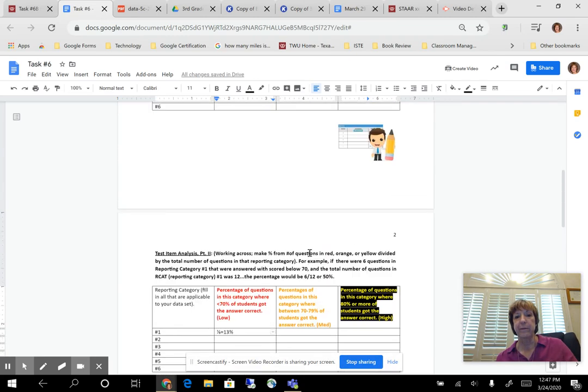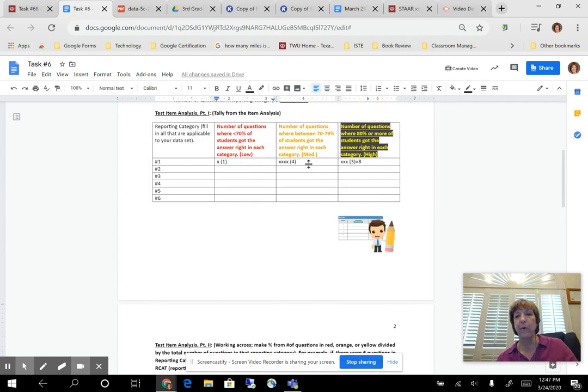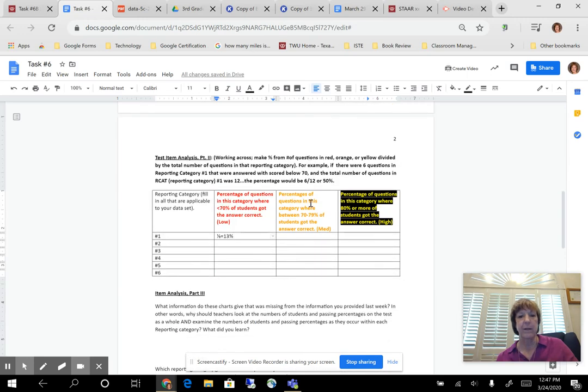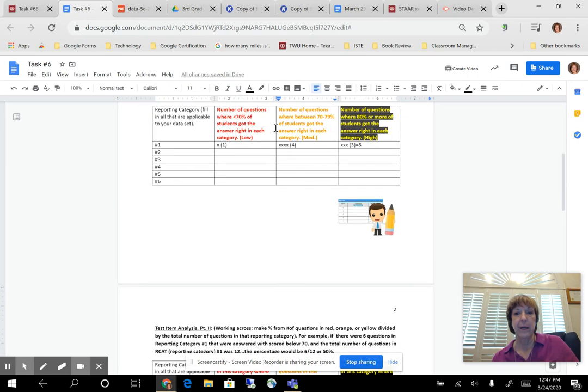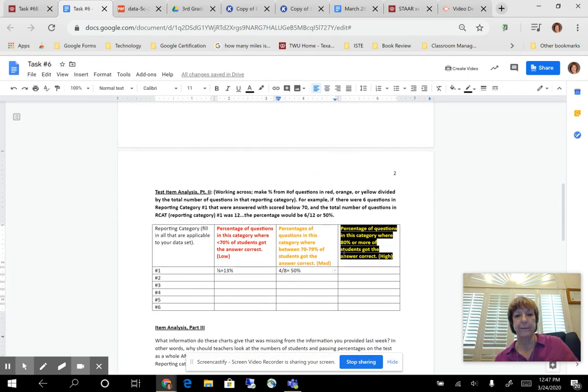Same thing on the orange. Now I'm going to go back up here. I'm going to see, okay, I have 4 questions out of 8. So obviously 4 questions out of 8 is going to give me 50%. And on my last one, I'm going to have 3 questions out of 8. 3 out of 8, and you think I could do that, but of course I cannot.